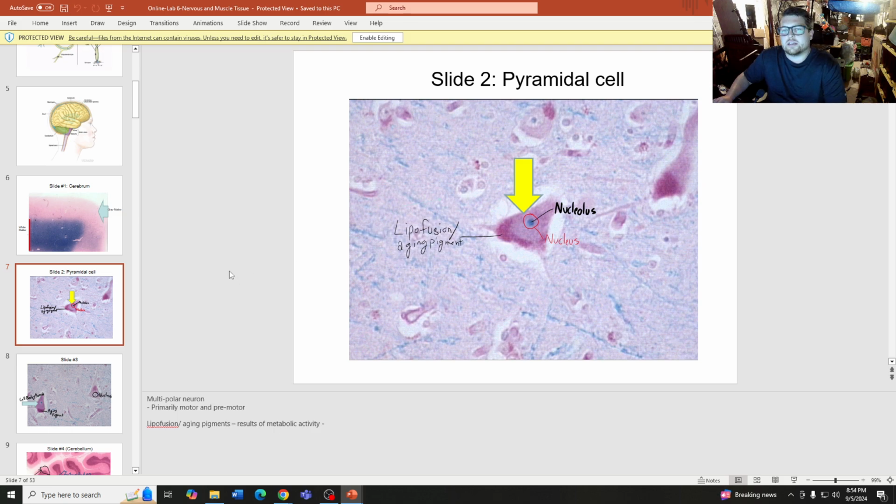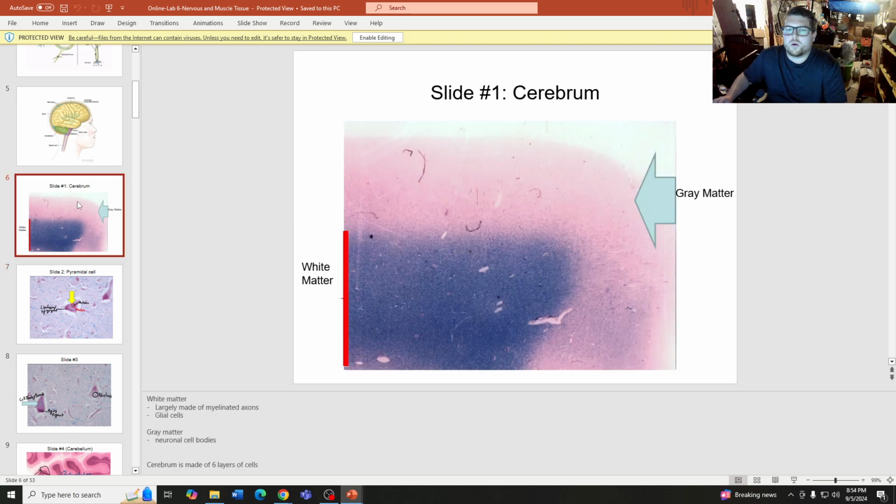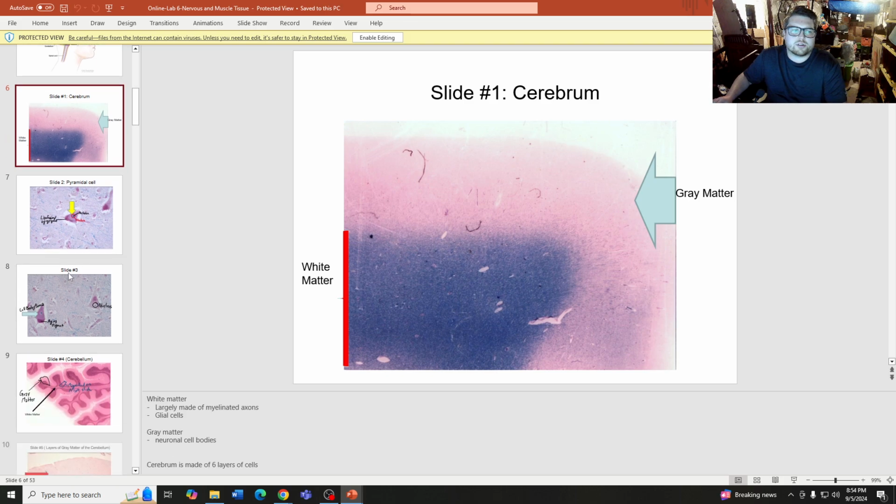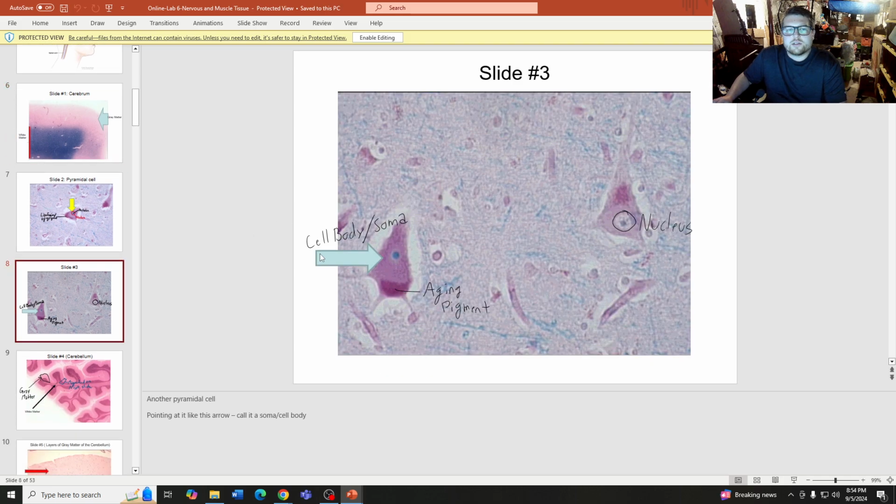Now, the important thing to note is when you look at these, make sure that you are also looking at all of the other structures around. So, for example, this one right here is pointing at a soma, the cell body of a nerve cell. That is what we call a soma.